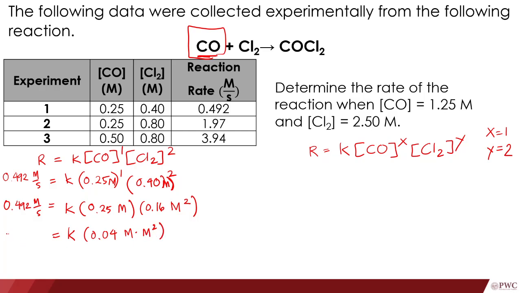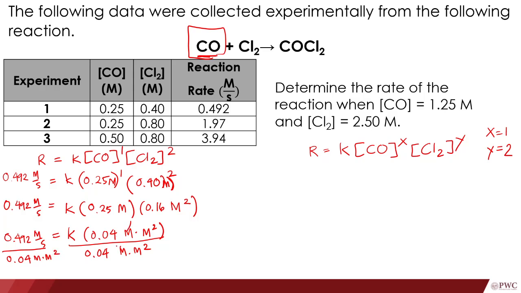And then the other side again is still the same, 0.492 molar per second. I'm finding for the value of K here, so I'll divide both sides by 0.04 molar times molar squared.